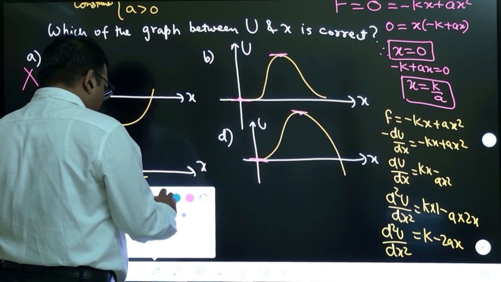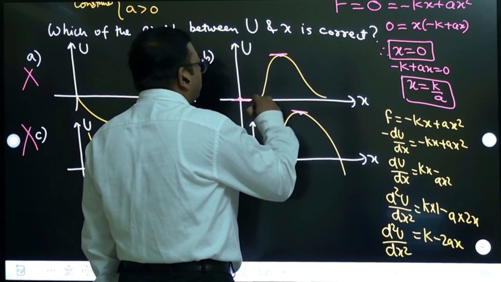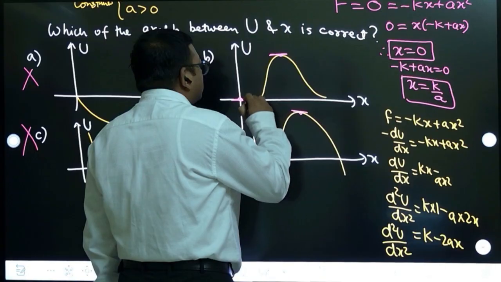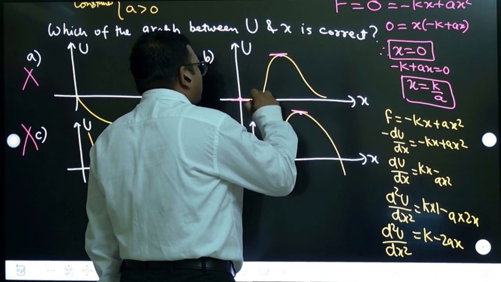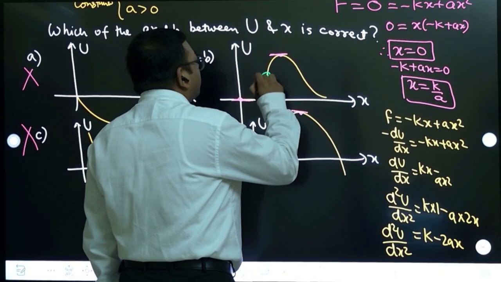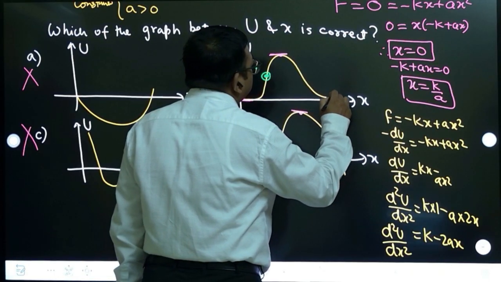Let us figure out. If I choose this graph, let us say this is minima, then this is concave, and somewhere it becomes convex, one point, and it looks like here also it is changing.